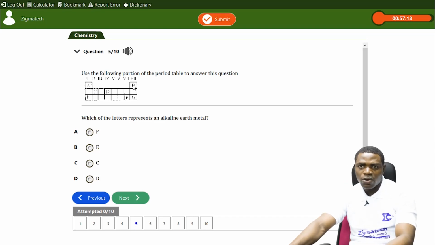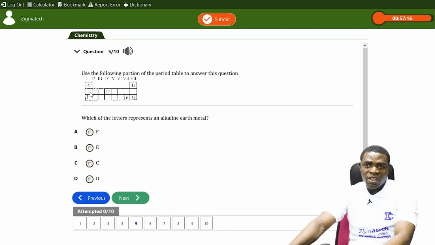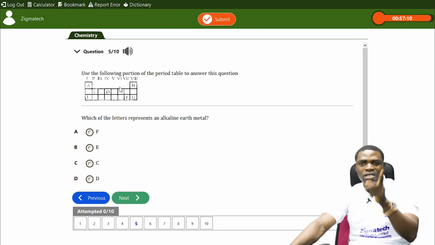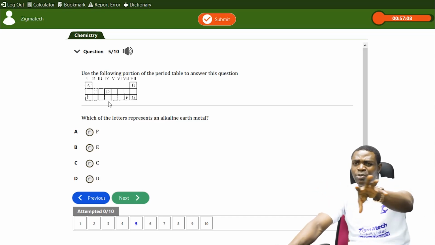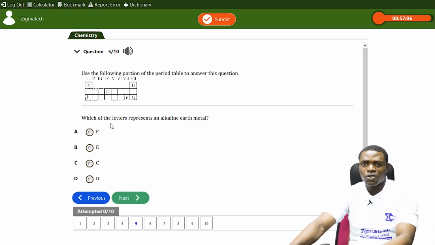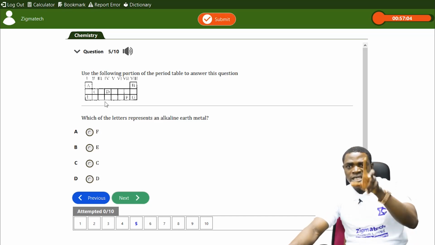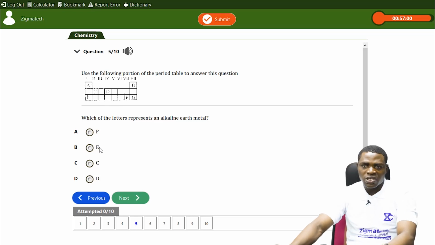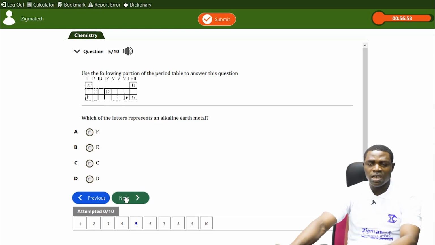B is what? Helium. Then we have lithium and beryllium. It means that C is beryllium. Boron, carbon. That means D is carbon. If you cannot trace this on the periodic table, you cannot answer this question. So the right answer here, which of the letters represent the alkaline earth metal? It is C. Option C is very accurate.